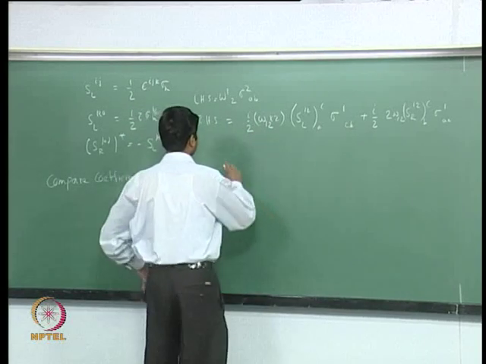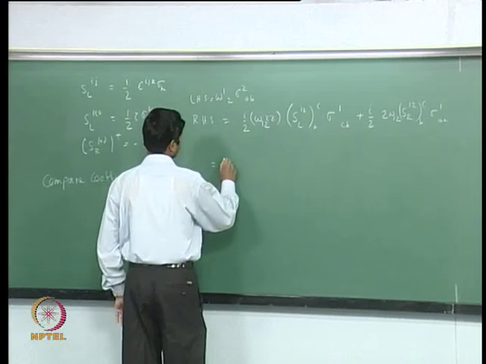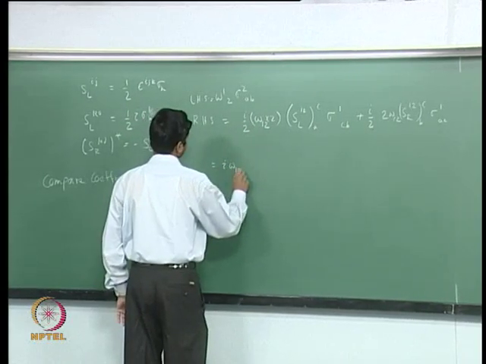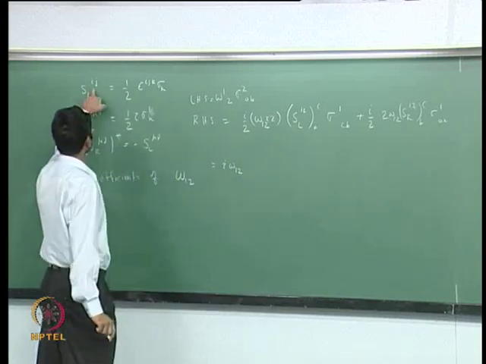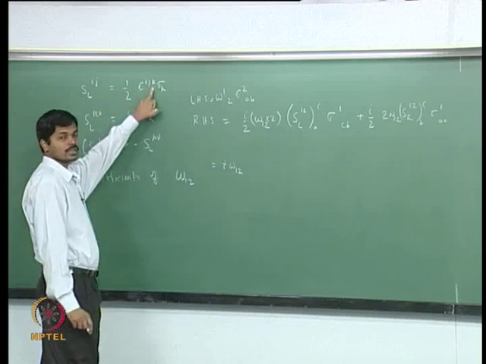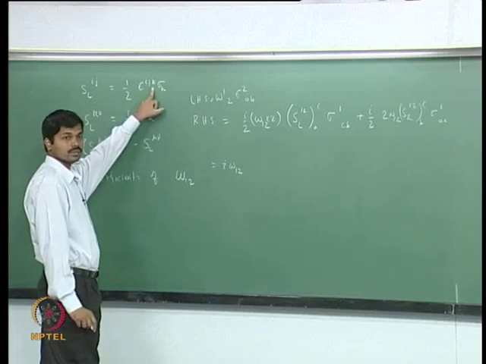So, what you have is I omega 1 2, but SL 1 2 here you can see is just half sigma 3, right.